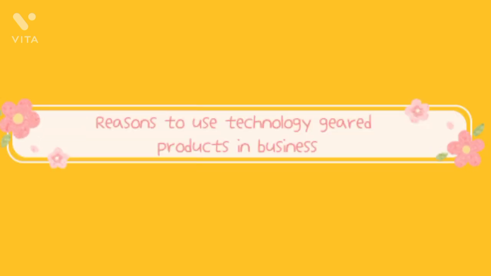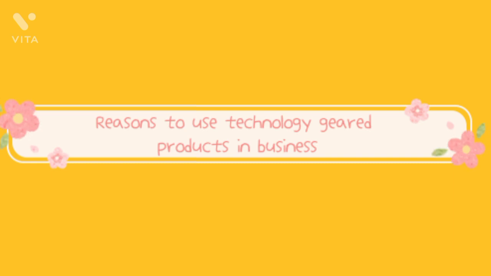Now, talking about the solid reasons which need to be considered for using technology-geared products in business. Technology in business removes the extra load on human workers and installs systems that maximize the benefits of the human-machine interplay. This is not too hard to achieve, and we have worked hard to achieve it for decades. With the advent of artificial intelligence and machine learning, there has been progress at an accelerated speed.